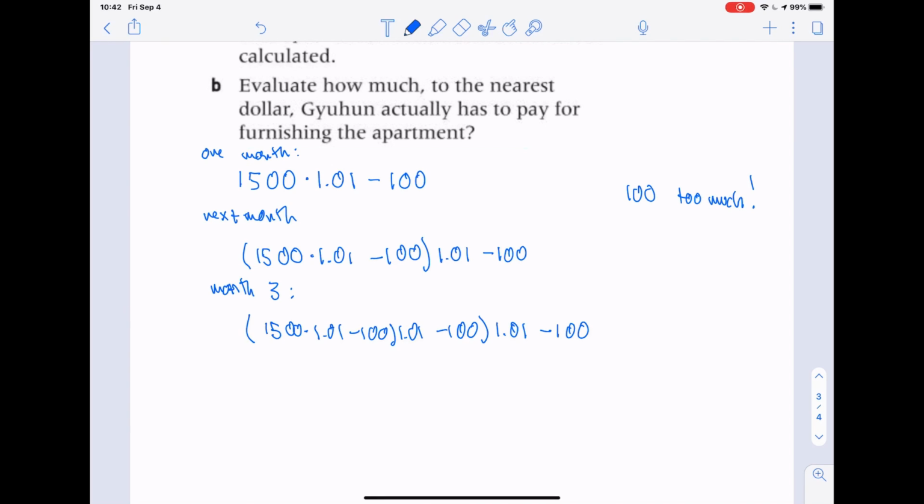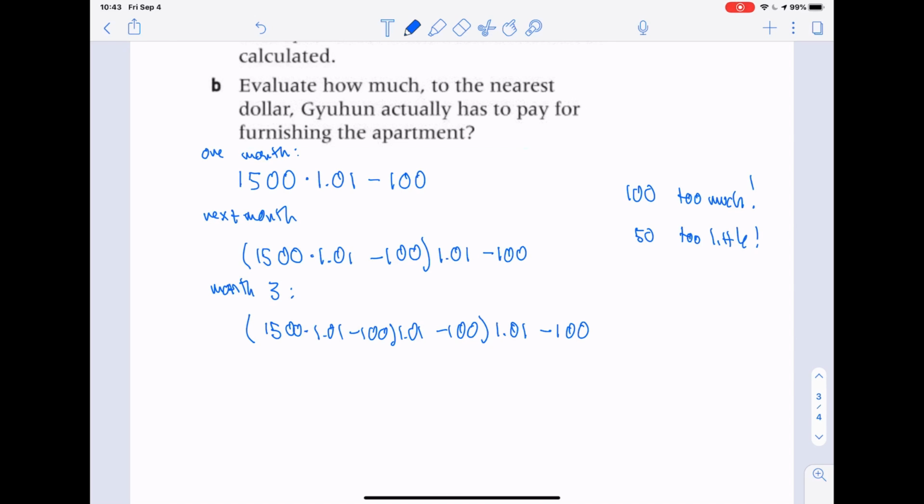Okay, we want to know what payment should be paid each month. So 100 was too much because we paid it off in 16 months. 50 was too little. And we know our answer is somewhere between those two. So now that we see what this is doing, this is where we introduce our variable.